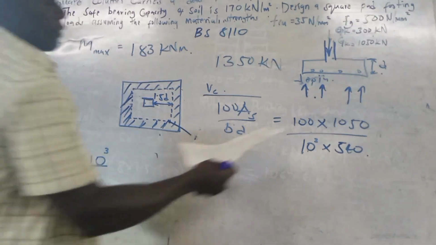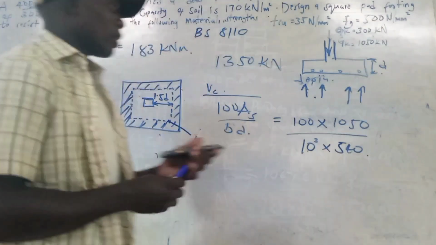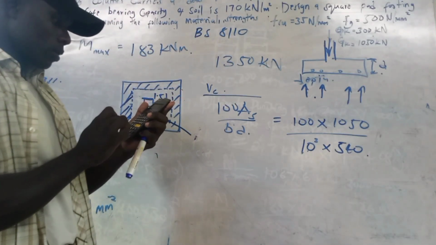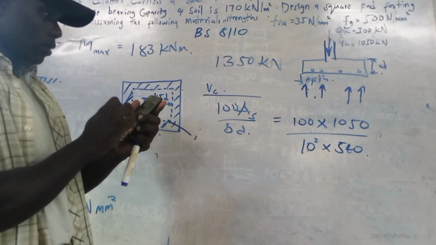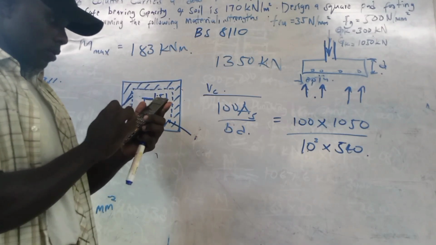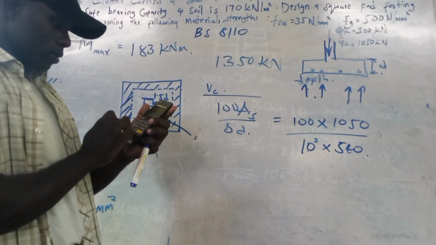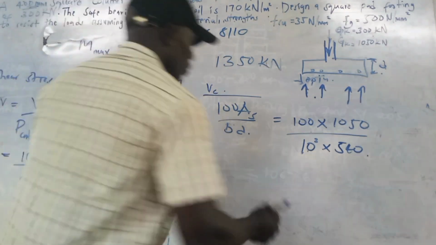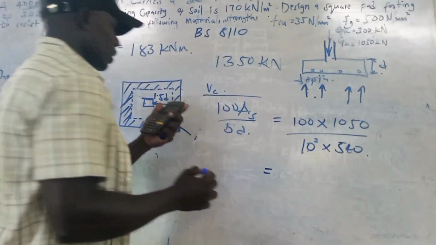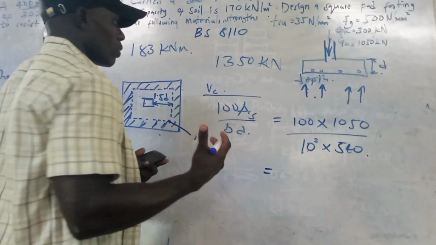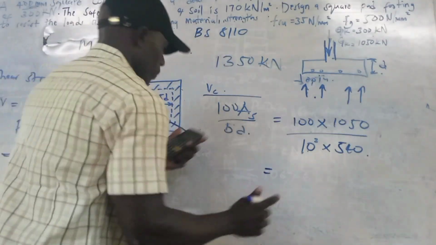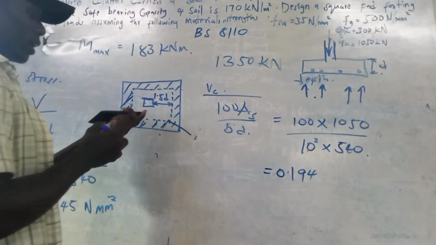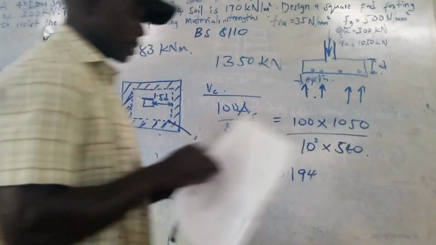So feeding this information into your calculator gives you the ratio. Okay, this one is a ratio of 0.194.